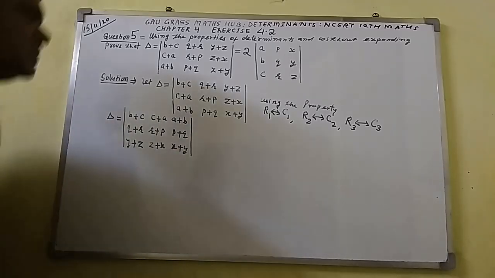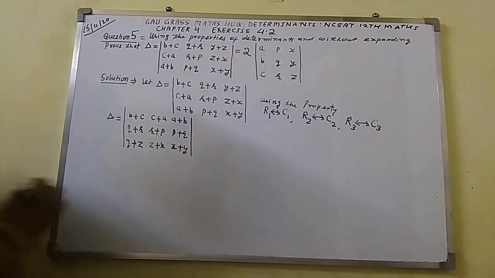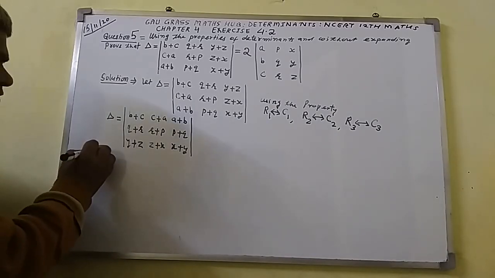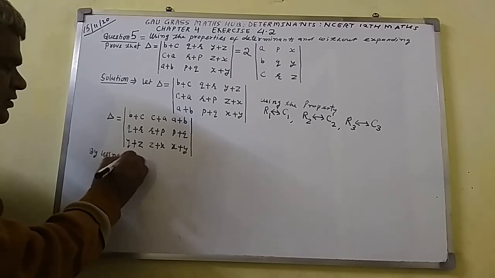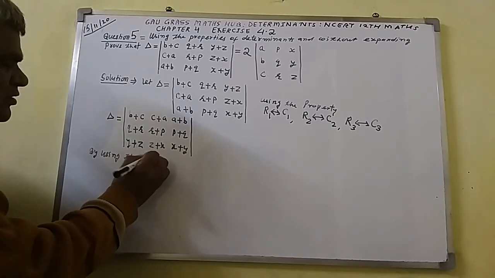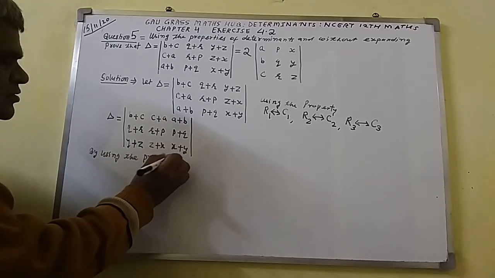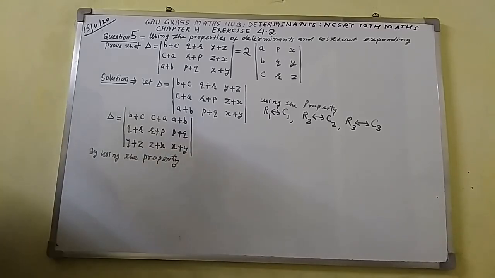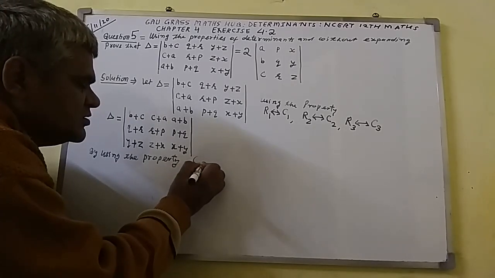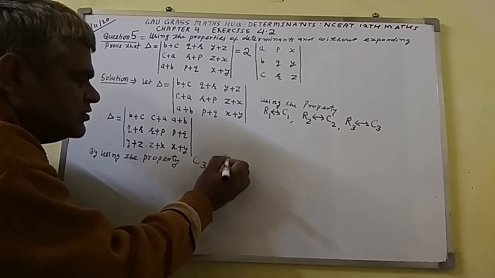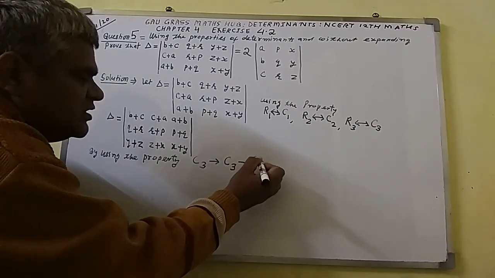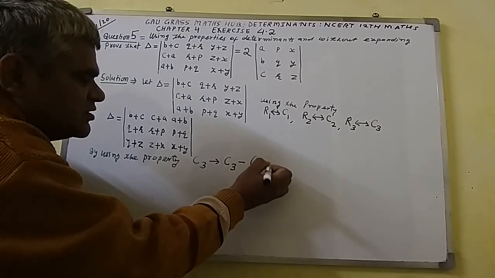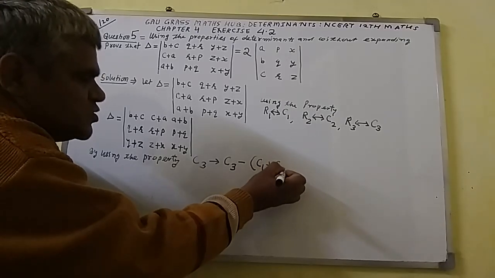So here I shall use the property. By using the property, C3 goes to C3 minus in bracket C1 plus C2.